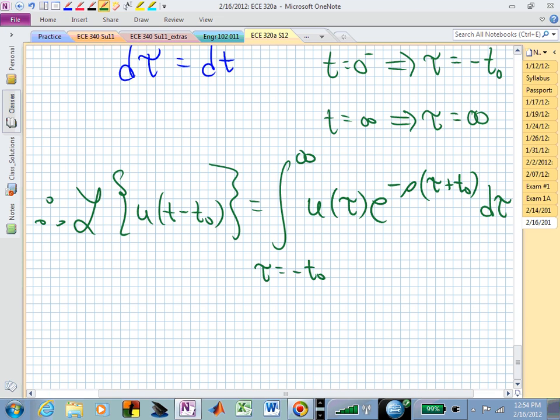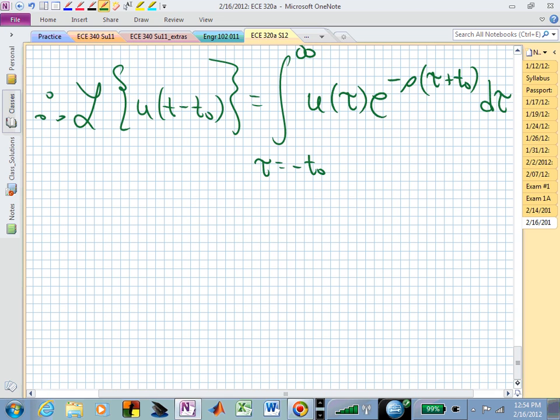So now what we're going to do is use knowledge of these exponents to our advantage. Our variable of integration is tau. S is independent of tau, as is t naught. And we actually have an e to the minus s t naught inside the integrand. Let's factor that outside so that we don't have to worry about it.